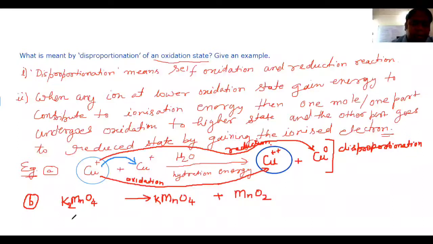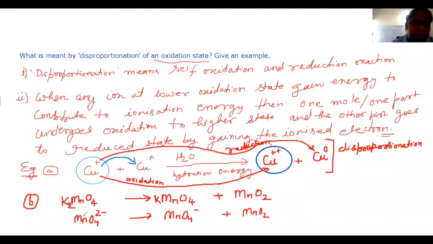Its ionic equation was like this: MnO4 2 minus was forming MnO4 1 minus plus MnO2 neutral. Oxidation state of this Mn was x minus 8 is equal to minus 2.